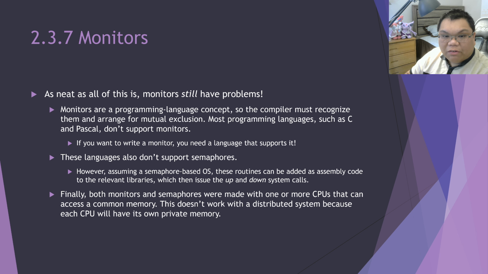And the thing is, most programming languages, nor their compilers, even support monitors. So if you want to write a monitor to arrange for mutual exclusion, you need a language that supports it, such as Java. Also, the languages that wouldn't support monitors wouldn't support semaphores either. However, assuming a semaphore-based operating system, these routines could just be added as assembly code to the relevant libraries.